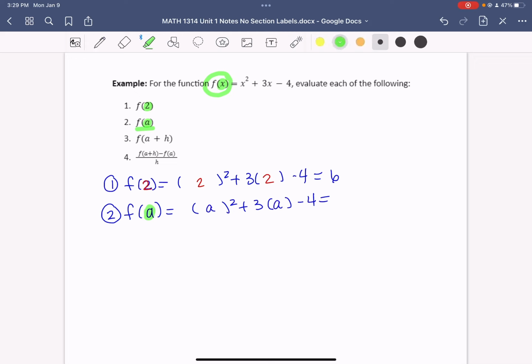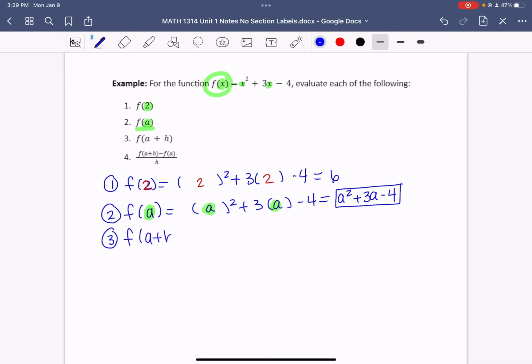So I'm going to say a. So again, this is the only thing that I have changed about this problem. I've just changed all my x's into a's. Now in this one, there's not any cleanup I can do. I can't plug it in a calculator, so this is just a squared plus 3a minus 4, and that's my answer. And that's okay to get an answer that's not just this perfect little number.